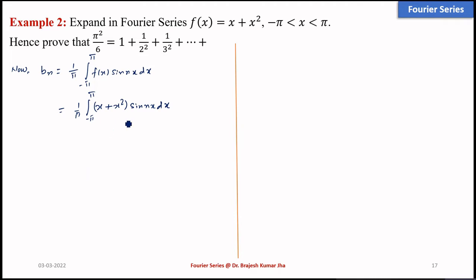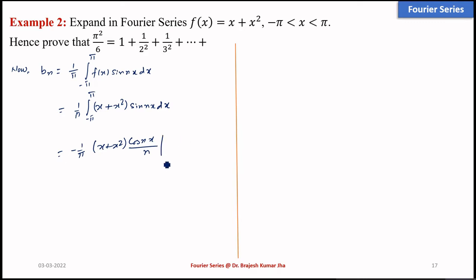Again, integration by parts that you can use here. So it is going to be minus 1 upon pi, x plus x squared, and the integral of sin nx is what? So it is cos nx, a minus sign that I have taken here.